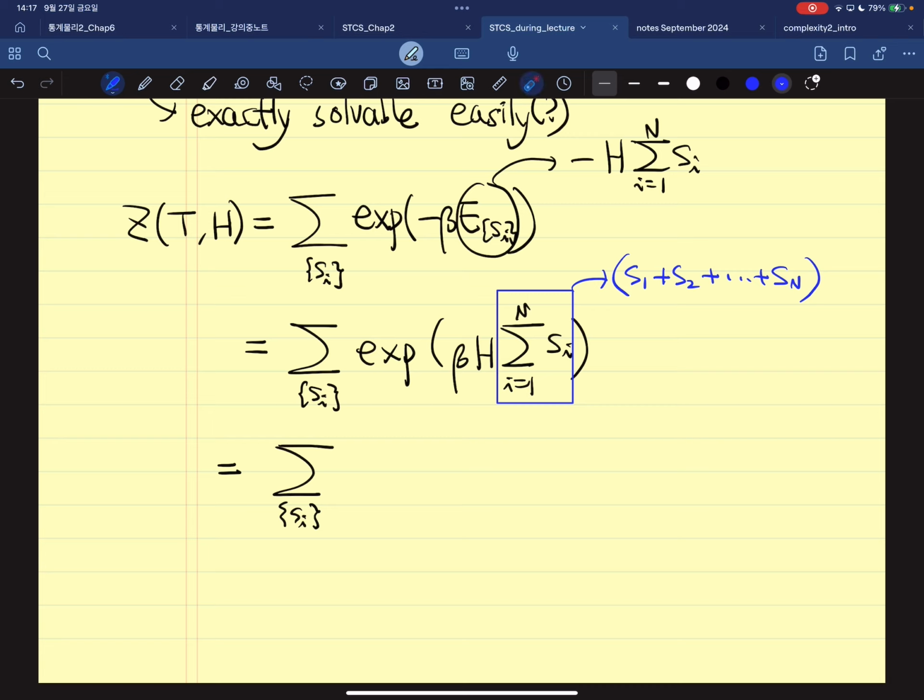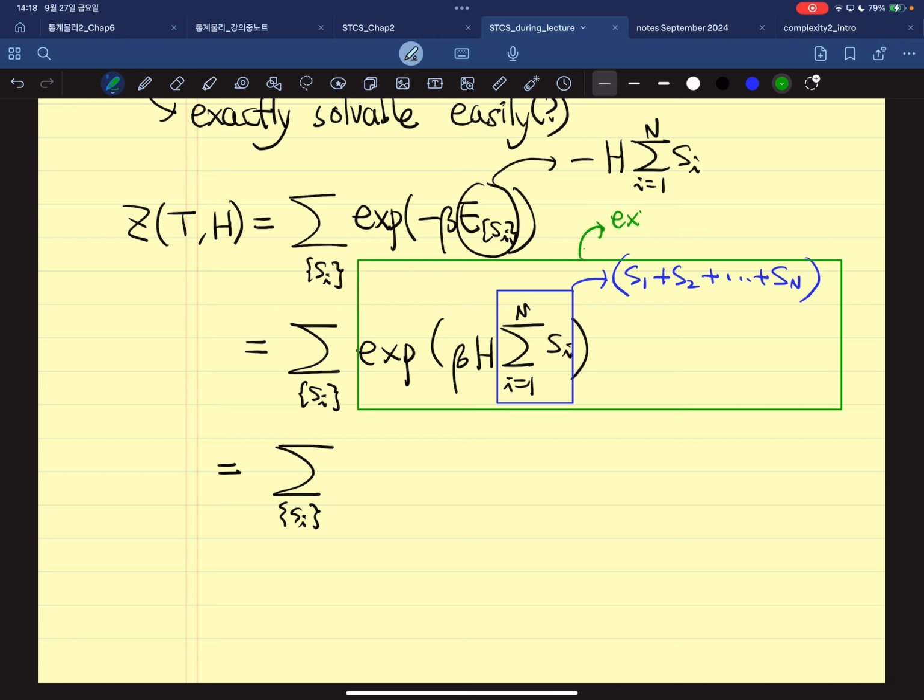But because each summation term is inside this exponential function, we can make this whole exponential factor exponential beta h s1 times exponential beta h s2 times and so on.